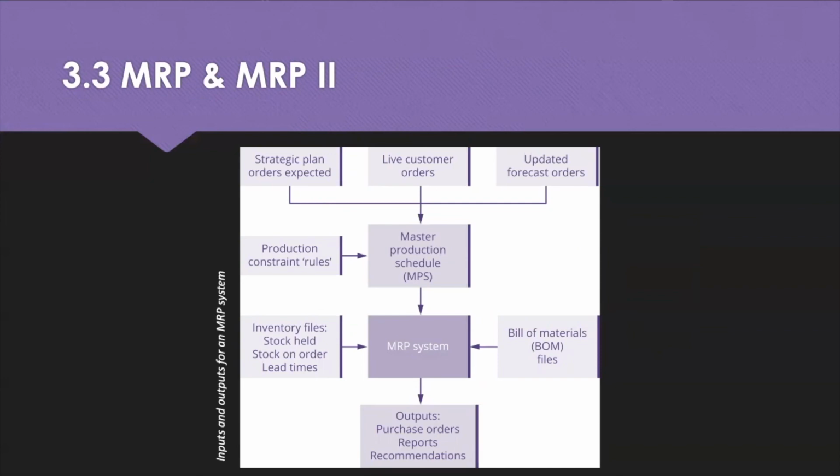You see things like the strategic plan, which has the expected orders, the live customer orders, any updated forecasts, production constraints, the master production schedule, the inventory files, which include the stock held on order and the lead times, the bill of materials, the output, the purchase orders, the reports, and the recommendation.